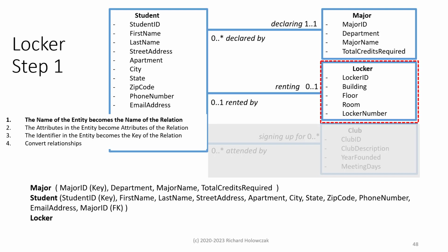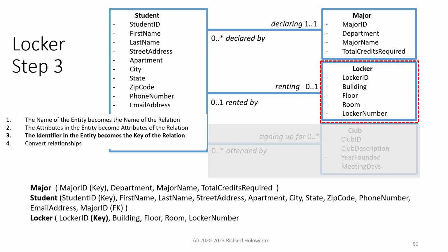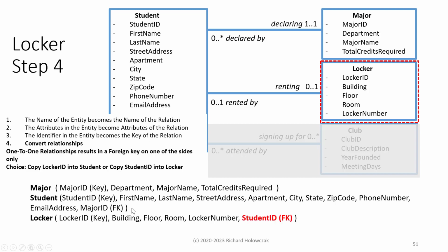Now let's move on to locker. As before, the name of the entity becomes the name of the relation. We copy in all of the attributes. The identifier of locker is locker ID. That will become the key of the locker relation. And now we have to deal with foreign keys.